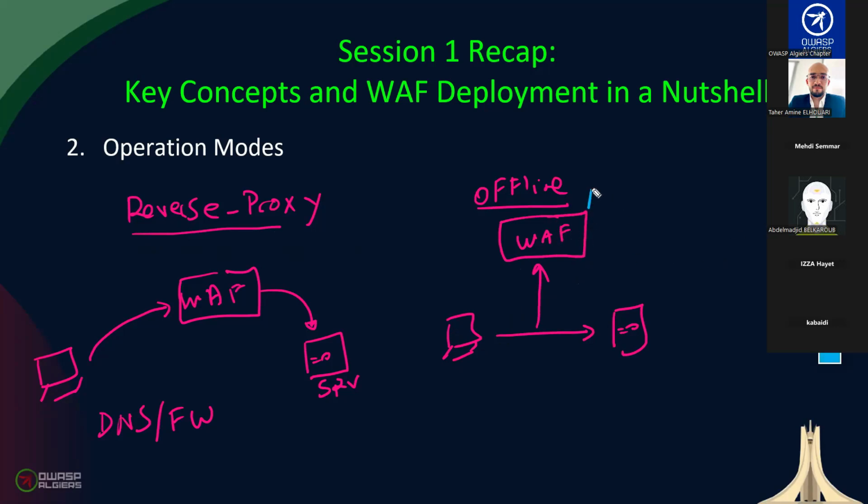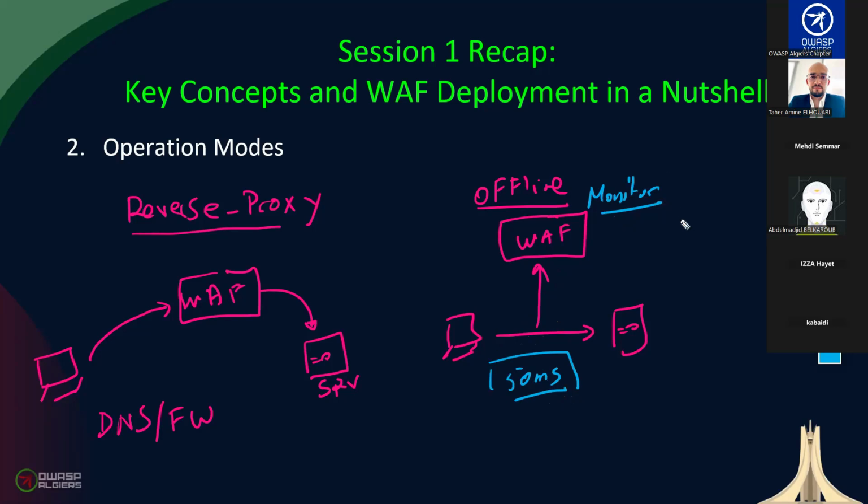Your goal is to monitor, not to block. And a very interesting characteristic of this deployment mode is that it adds zero latency. If you used to access your web application, for example, with a latency of 50 milliseconds, adding an offline WAF will keep it exactly the same latency. No hop is added to the network.